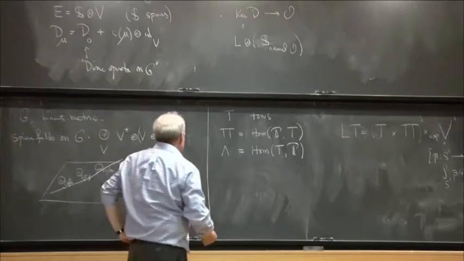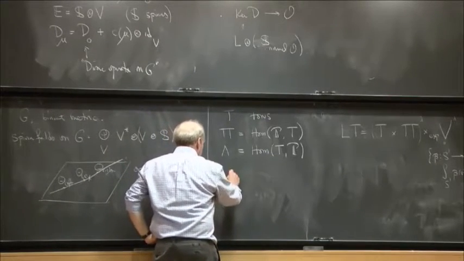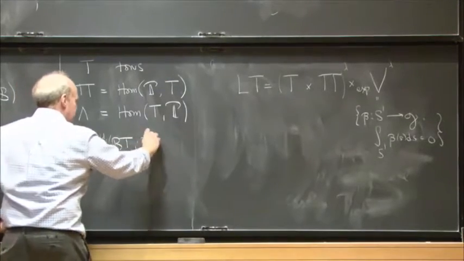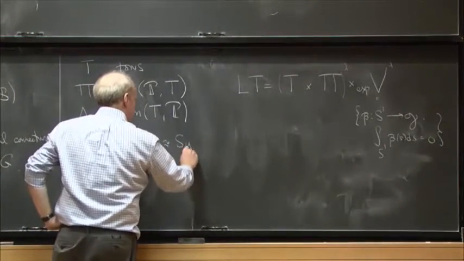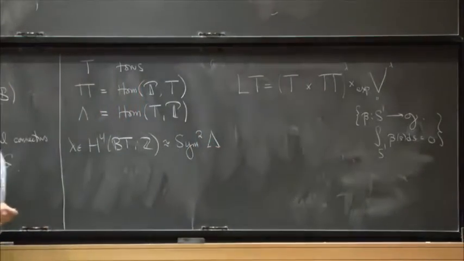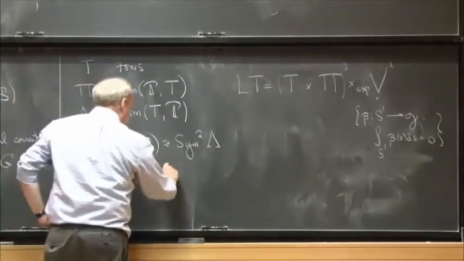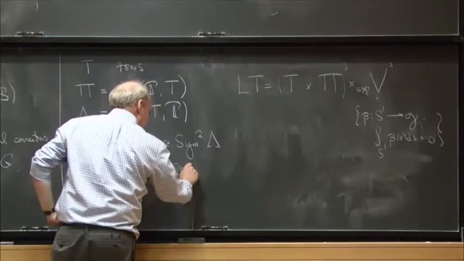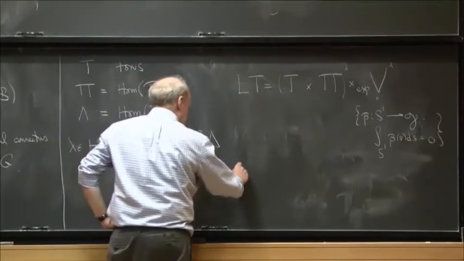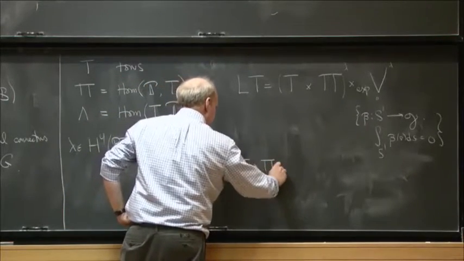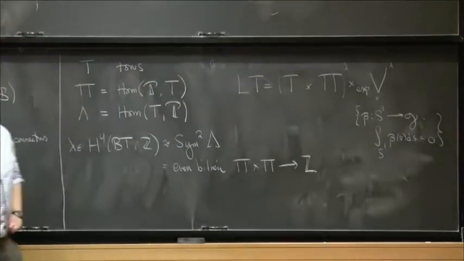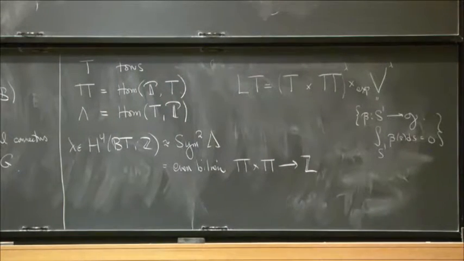So what is this piece of data lambda? Well, lambda is in H4 of BT, the classifying space of the torus, with integer coefficients, and that's isomorphic in a natural way to Sym2 of lambda. And Sym2 of lambda is the space of even bilinear forms from Pi cross Pi into Z. So they're just even forms on the lattice.